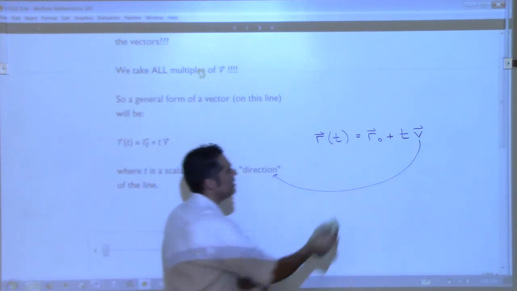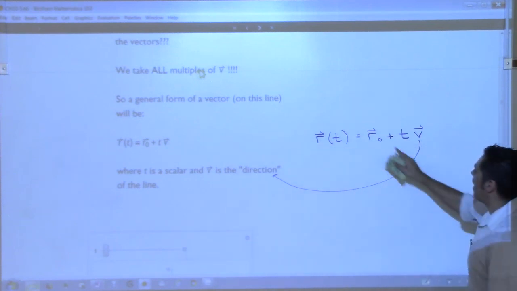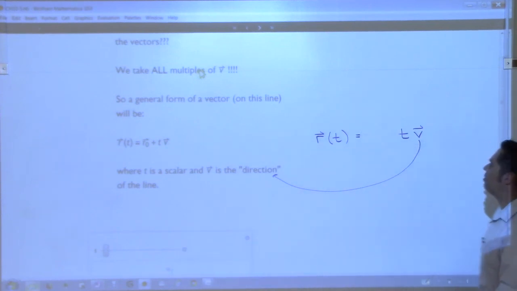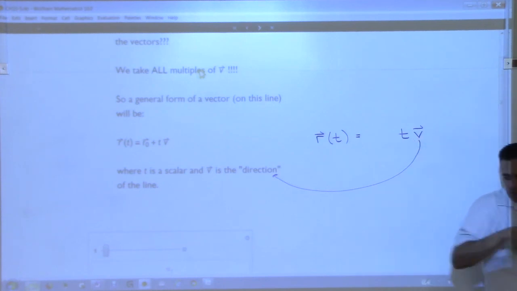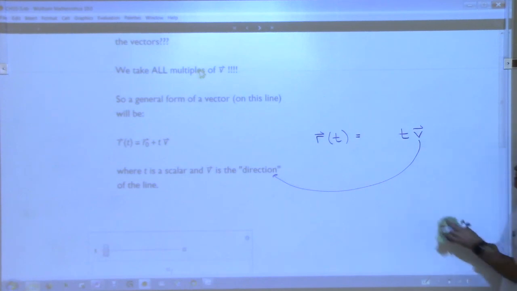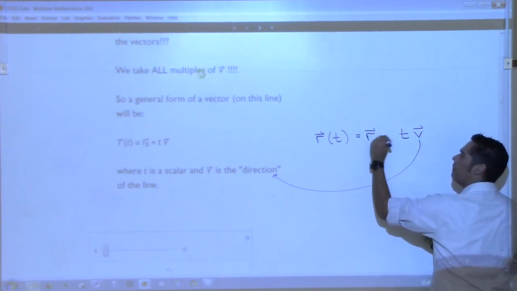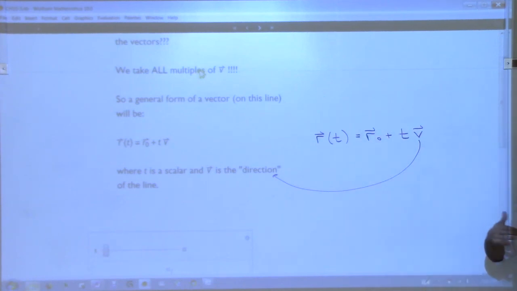Why do I have to have r naught in here? Why can't it just be tv? Because you need a second point to form a line. Okay, this would form a line though, right? This is all the scalar multiples of a vector. So it would go in one direction, then the other direction. Why is the r naught so important? It puts it on the line. It actually moves it to where we want the line to be.